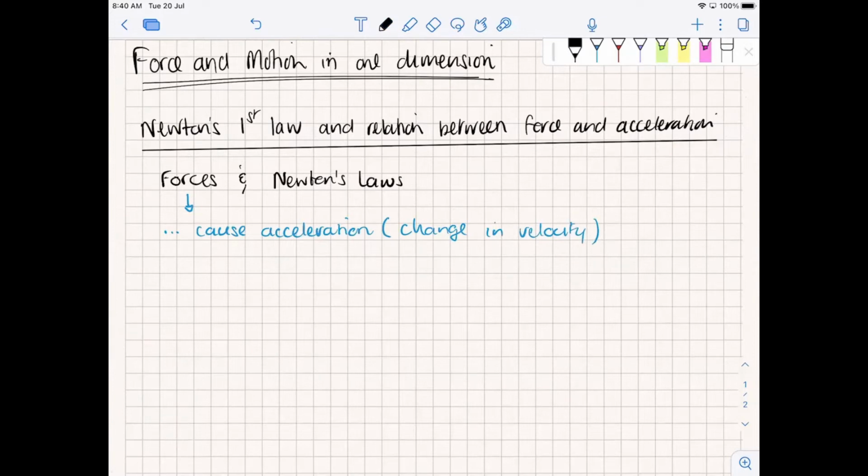You guys in physics will have seen this term before, right? So if we have a net force of 0, we have no acceleration. Okay, so if we have no force acting upon an object, that means that there's no acceleration.